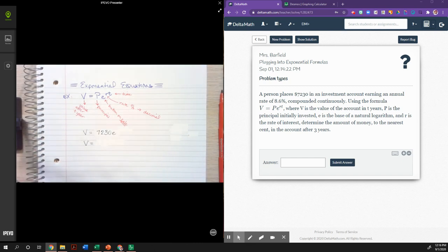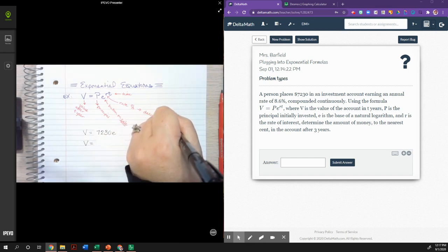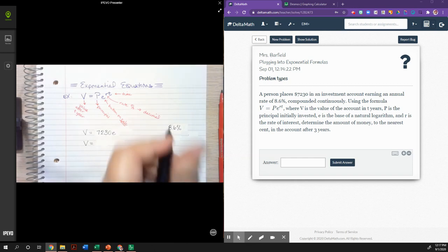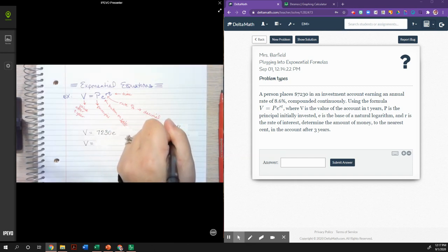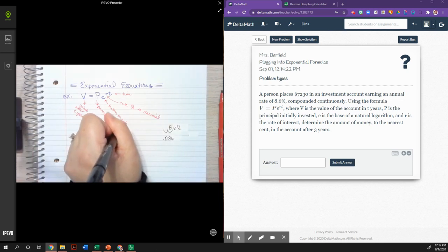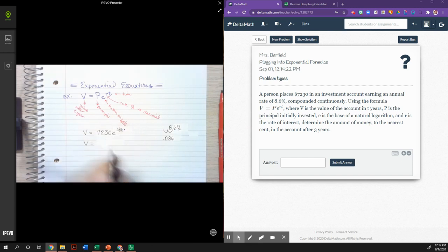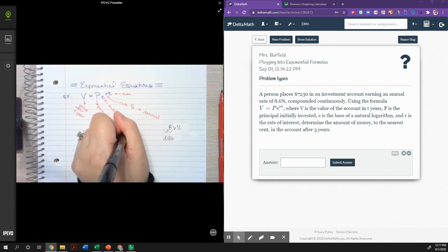Our rate is 8.6%, we have to convert that to a decimal, 0.086, times our time, which is 3 years.